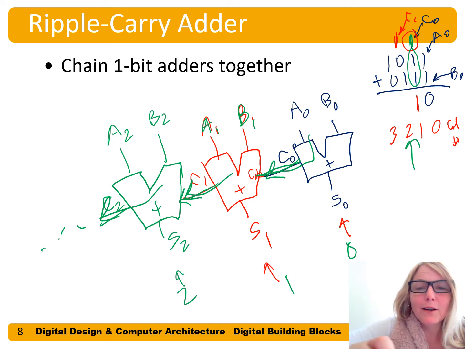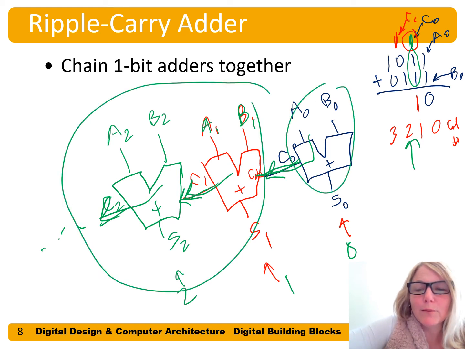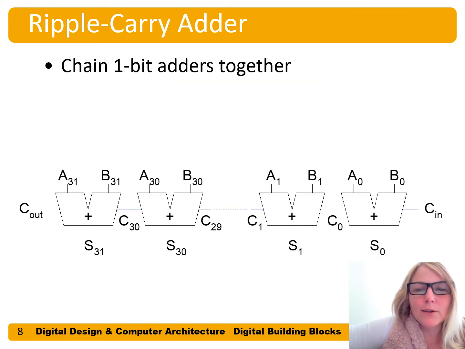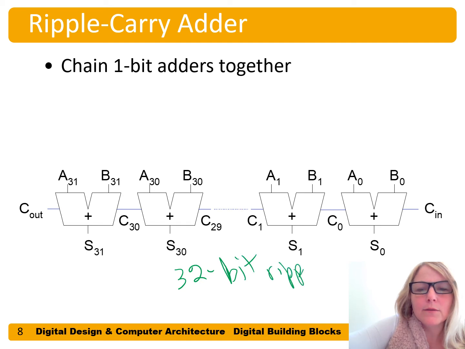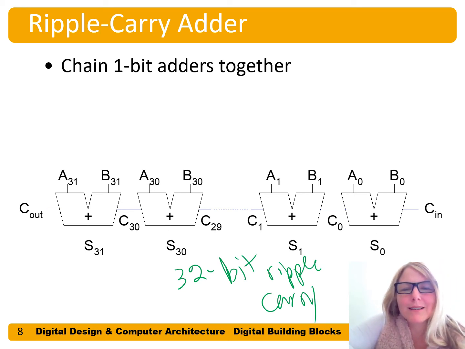We use full adders, or possibly a half adder on that rightmost or least significant bit. And so here we have it drawn, in this case, as a 32-bit ripple carry adder. We can ask ourselves, what is the delay of this?